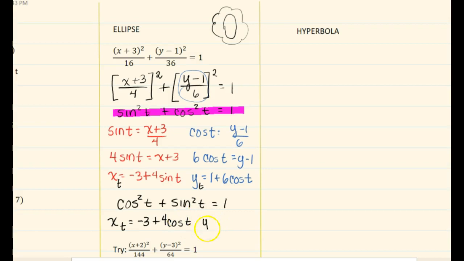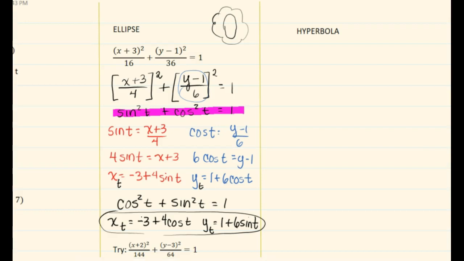And then for the y value, we would have had 1 plus 6 sine of t. Now I claim that we will graph the exact same thing, so I'm going to go ahead and put this onto my graph as a second set so we can see that it's going to graph the exact same ellipse.